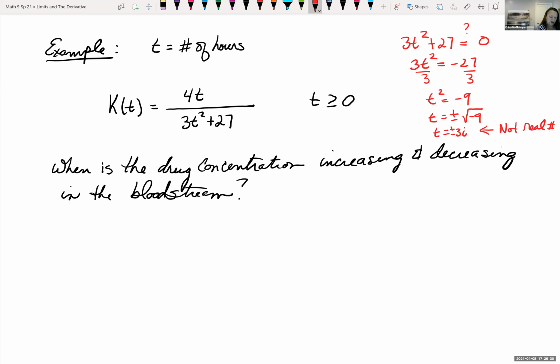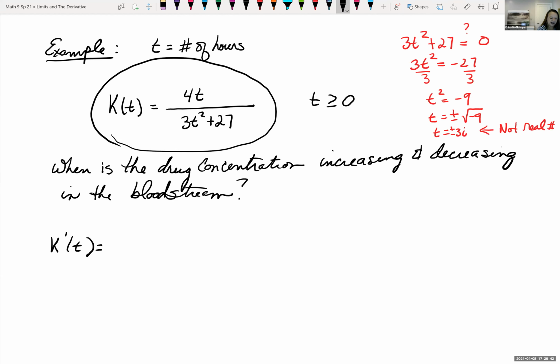So to find where it's increasing and decreasing, we need to look at the derivative and find out when the derivative is equal to 0. So let's first find the derivative. Looking at this, I notice I have to apply the quotient rule. The derivative of the numerator, 4T, is just 4, times the denominator.